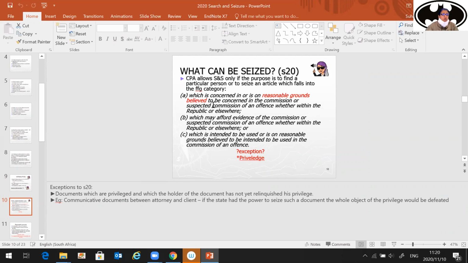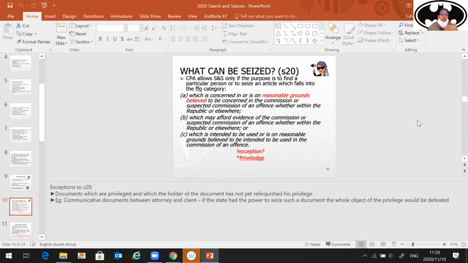The Criminal Procedure Act allows search and seizure only if the purpose is to find a particular person or to seize an article which falls into a particular category. As we saw with arrests, it must have a particular purpose. This search and potential seizure must also have a particular purpose.